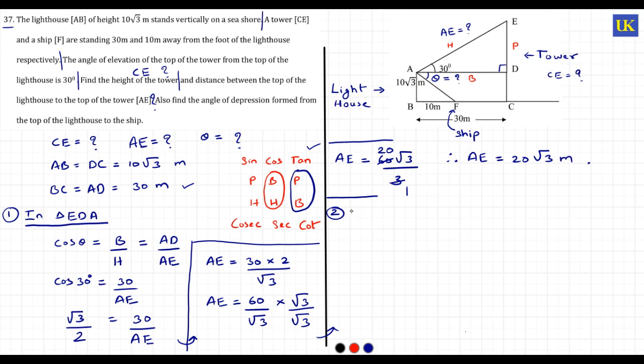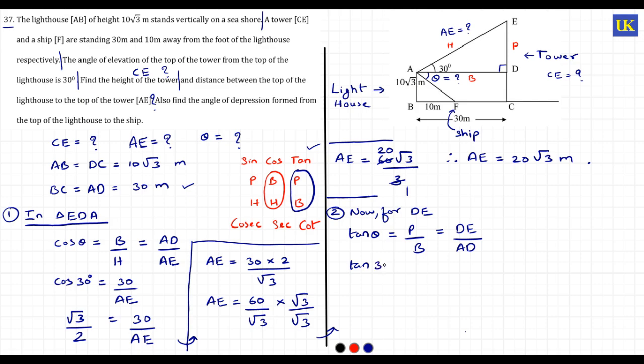Now for DE, we'll use tan theta, and the tan formula is what? Perpendicular upon base. Perpendicular is DE or ED, whatever you can say, and base is AD, right? And tan theta is how much?